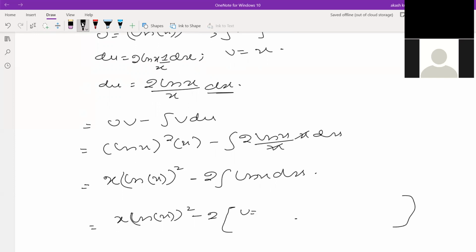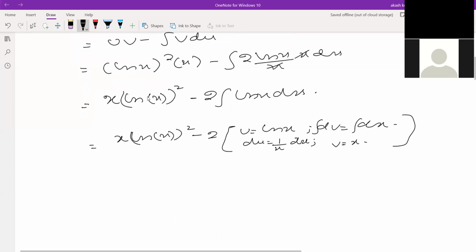Now u is ln x and dv is dx. So du becomes 1 over x dx and the integral of dv is v equals x. Is it clear? Yes, we have to do it again because there are two functions again.